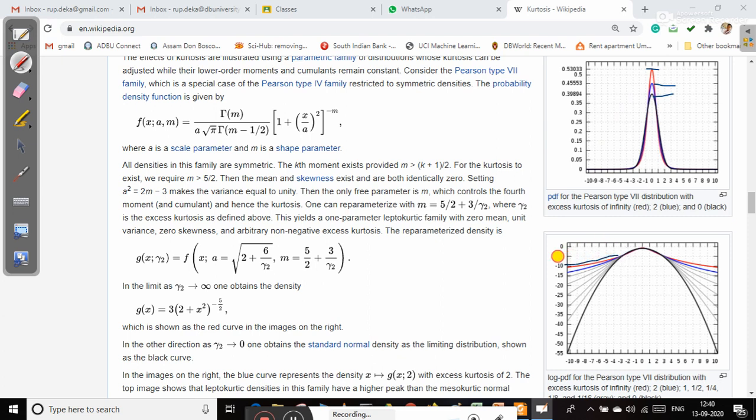If the distribution is this way, that red part, then this has a higher kurtosis value, even though it is closer to the mean. The extremity of the deviation is measured by kurtosis: the lower the kurtosis, the lower that extremity; the higher the kurtosis, the higher that extremity. That is the way we define kurtosis.